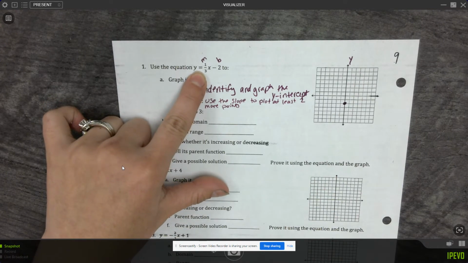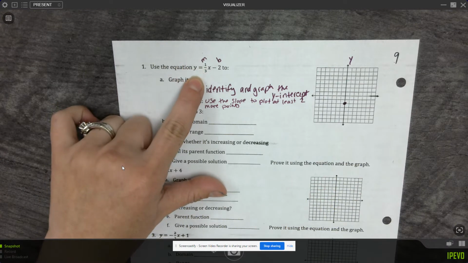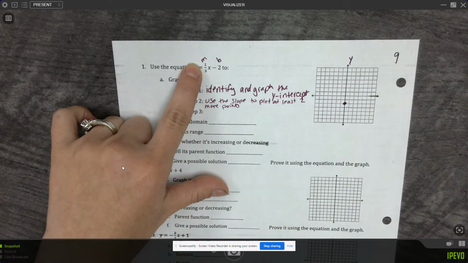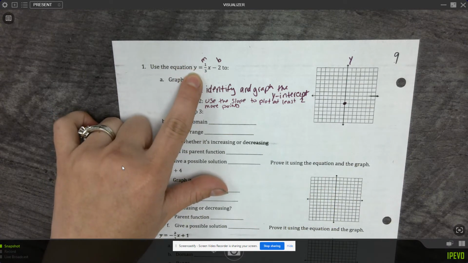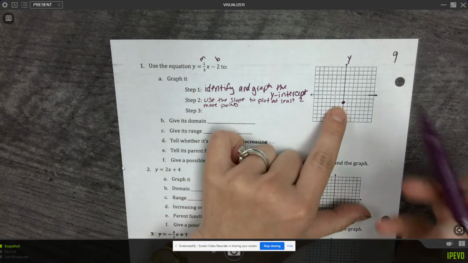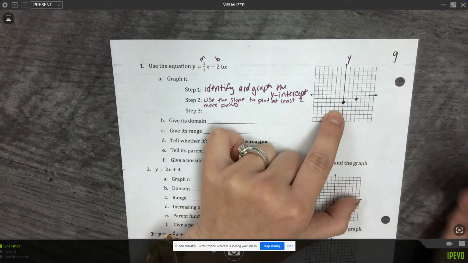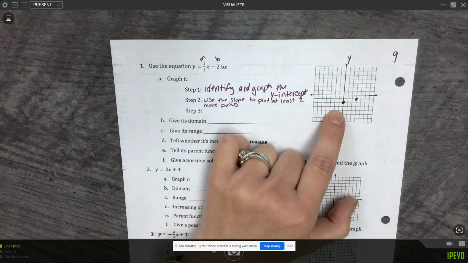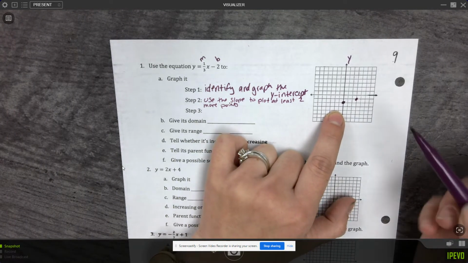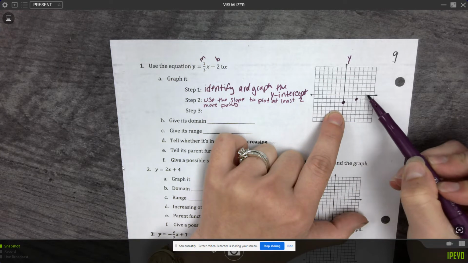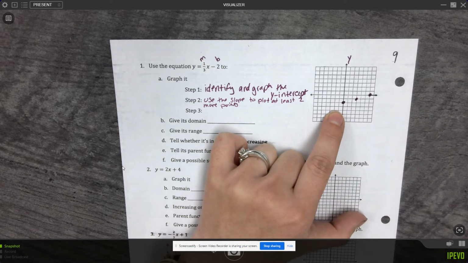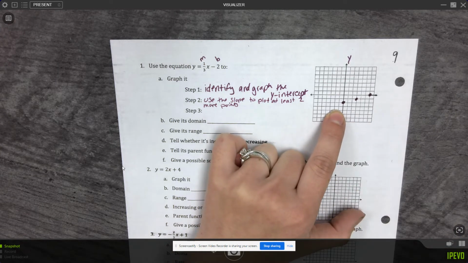Positive. Slope is rise over run, so we're going to rise 1 and run 3. From this dot, rise 1, run 3 in a positive direction at least 2 times. So you need at least 3 dots on your graph.